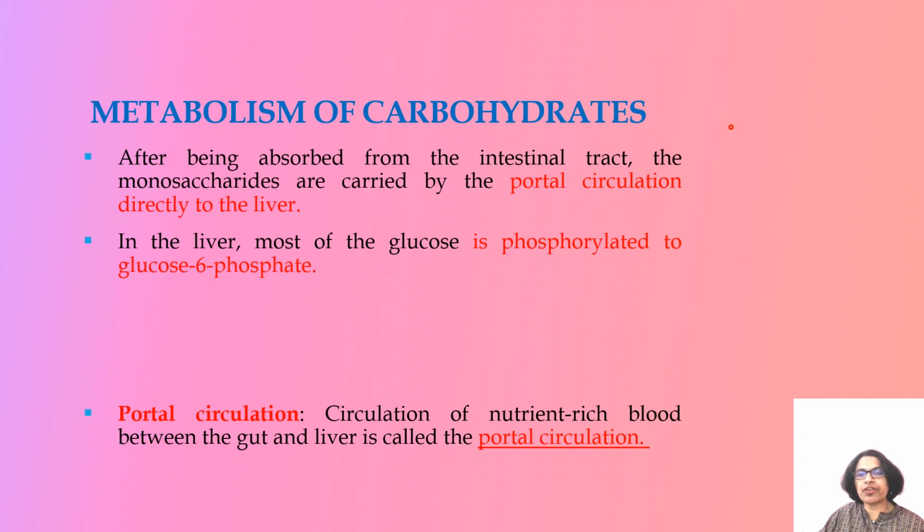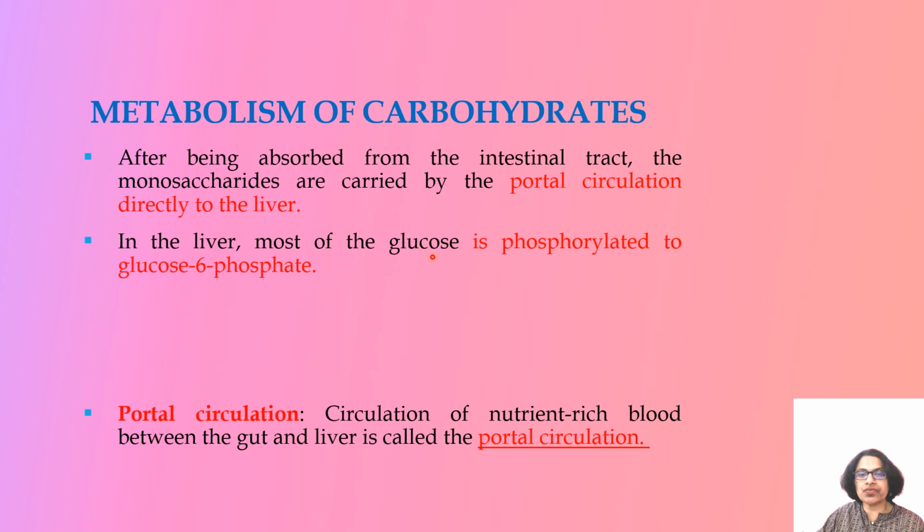Then coming to the metabolism of carbohydrates. After being absorbed from the intestinal tract, the monosaccharides are carried by the portal circulation directly to the liver. Once the absorption process occurs, the metabolism process is initiated.